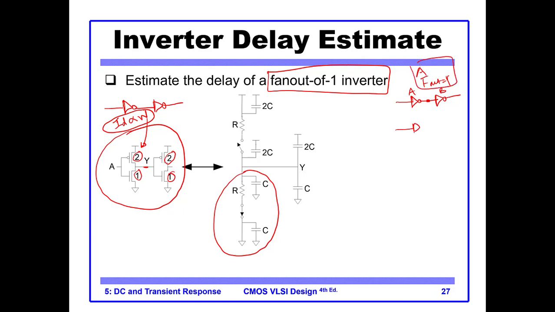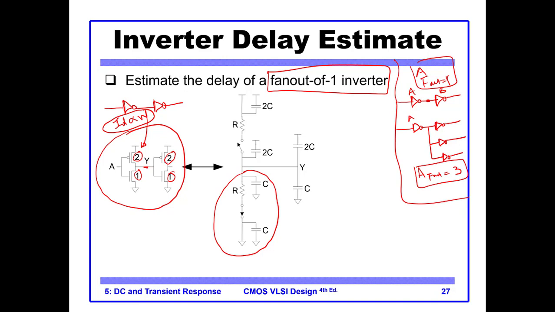But imagine that if we have this circuit and this is our A, we say that the fan out of A is 3. So this is what is meant by fan out.